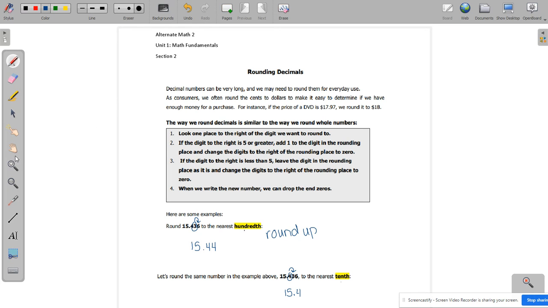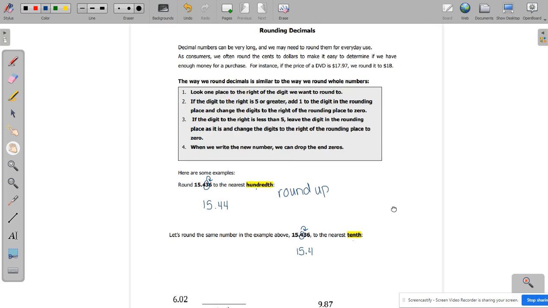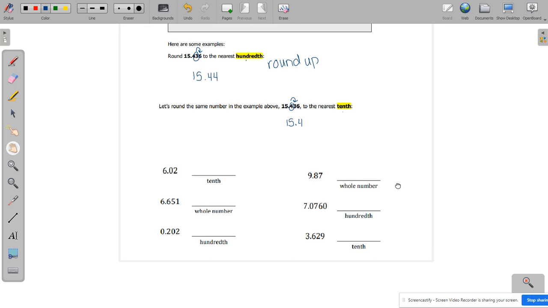So let's look at some example problems. We have 6.02 and we're rounding to the tenths place. So let's look at our tenths. That's our 0. Look right behind it. The 2 is smaller, so we're going to round down and drop off everything else.